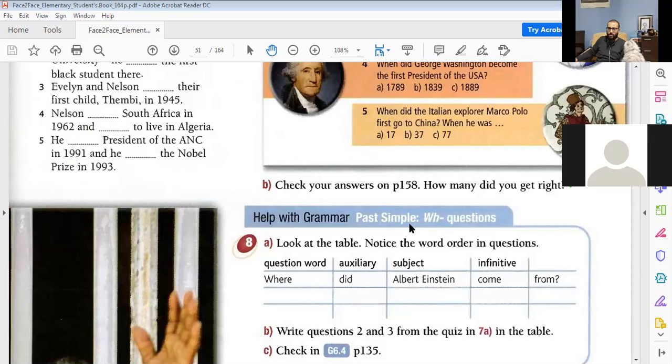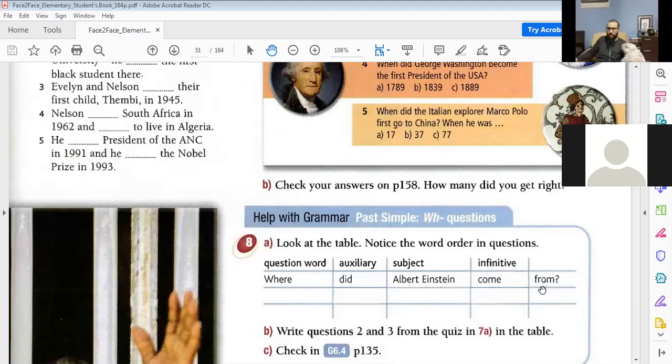So you can see here from the table, we use a WH question word. After that, we use an auxiliary. Then we use the subject. Then we use the infinitive. So we want to write questions number 2 and 3 from the quiz. We want to copy them here in the table and see how it's written.